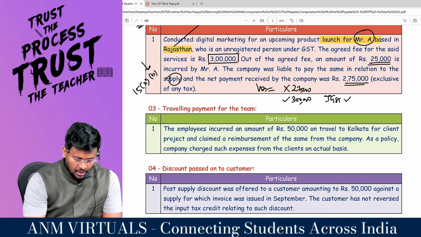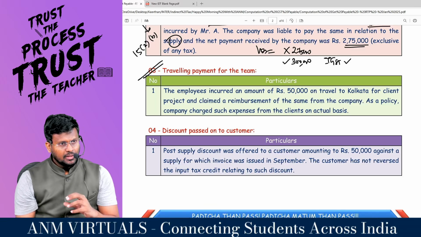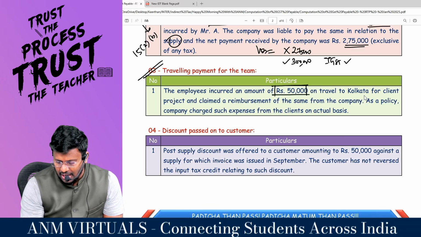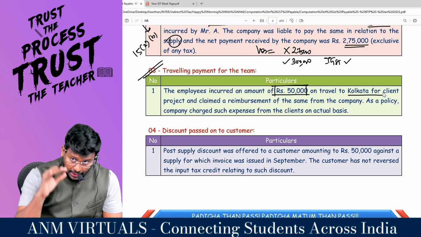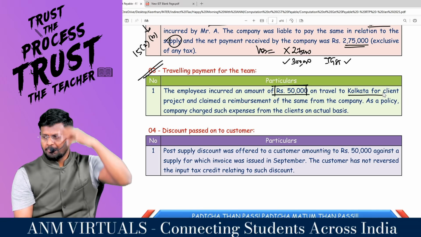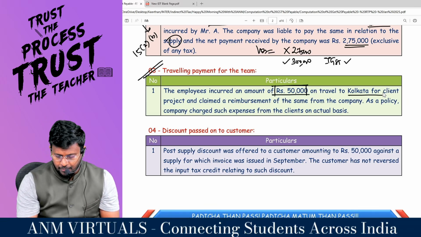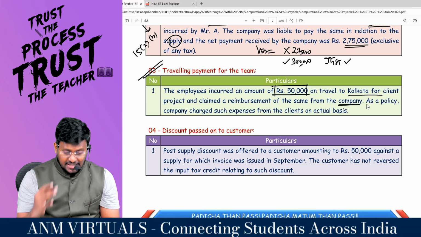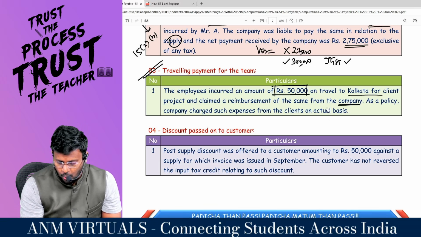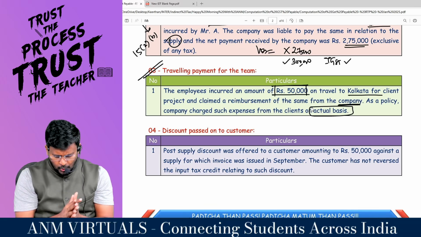Comfortable? Coming to the third adjustment, travelling payment for the team. The employees incurred an amount of 50,000 on travel to Kolkata for the client project. That means in order to complete a particular project, the employees of my concern have to travel to various places and claimed reimbursement of the same from the company. As a policy, the company charged such expenses from the client on what basis? Actual basis. My dear students, what is the transaction?